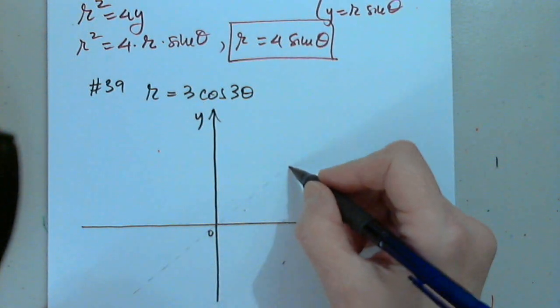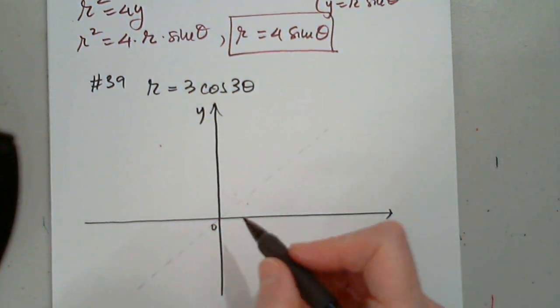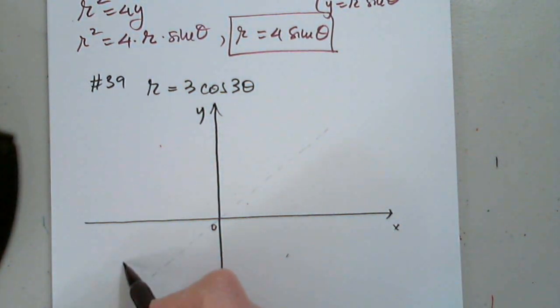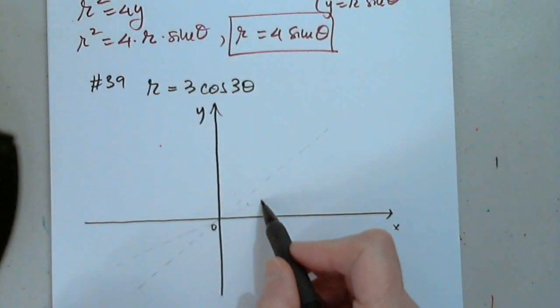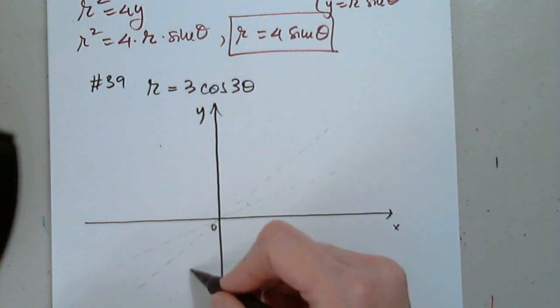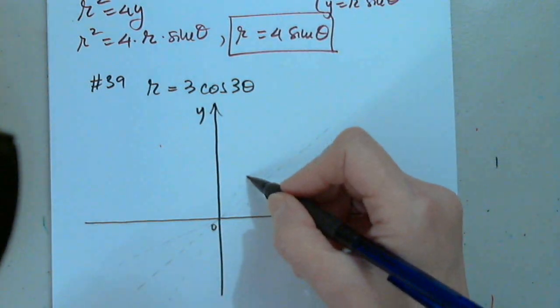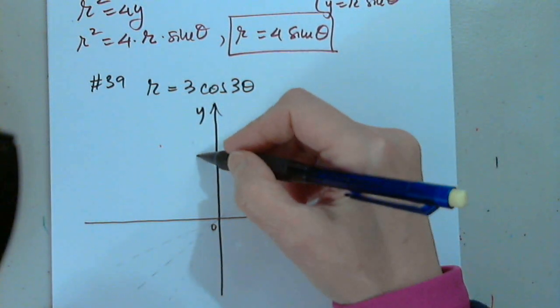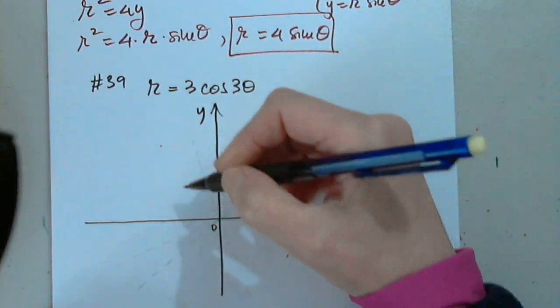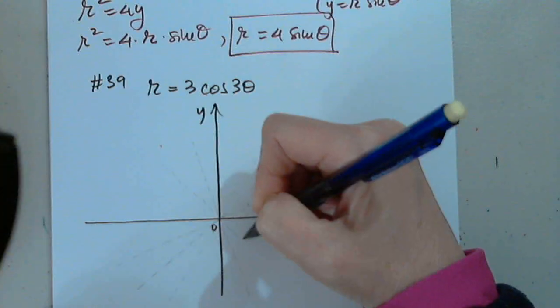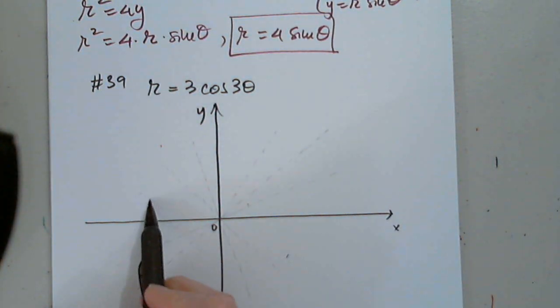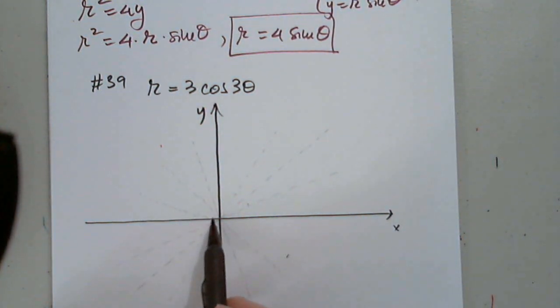So this will be 45, and this will be 30, and this will be 30, and again here 30, 45, and 30.